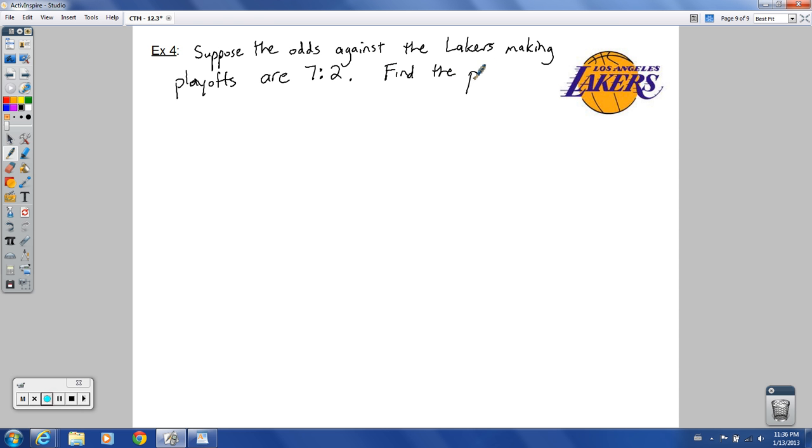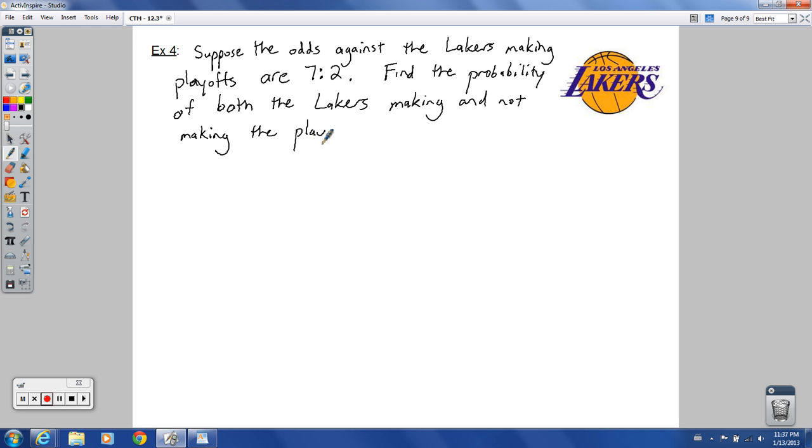Find the probability of both the Lakers making and not making the playoffs.